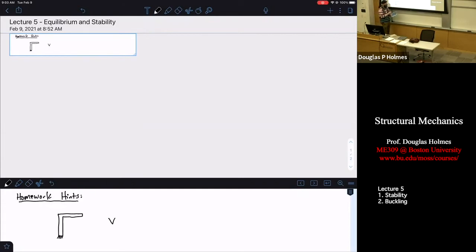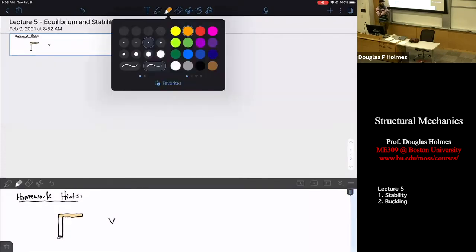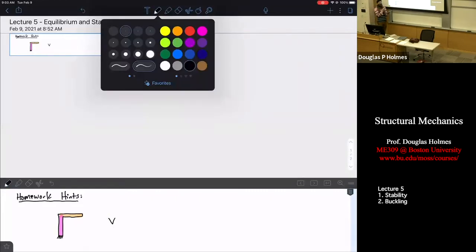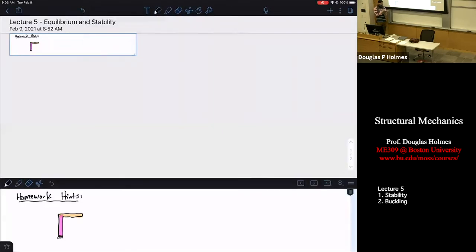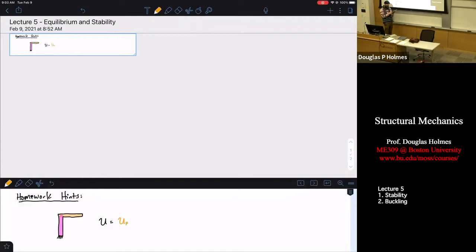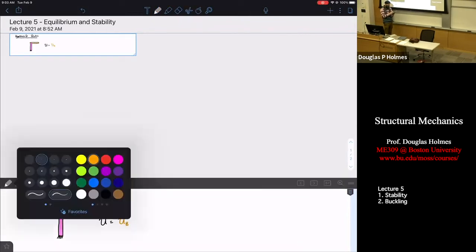And in that case, you can think of the structure as, I've got one beam here, and I've got one beam here. And so the total strain energy, U, not potential energy, would be just the bending energy of each of these beams added together.